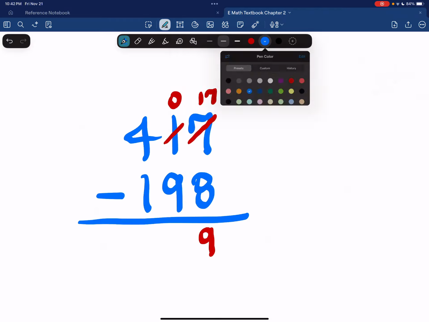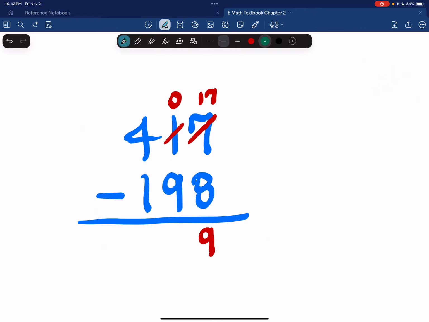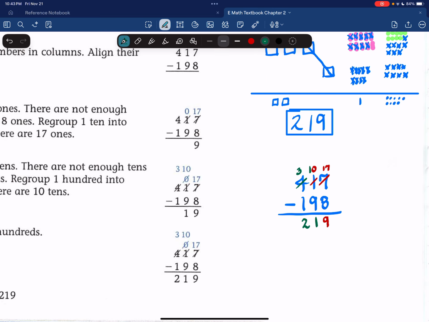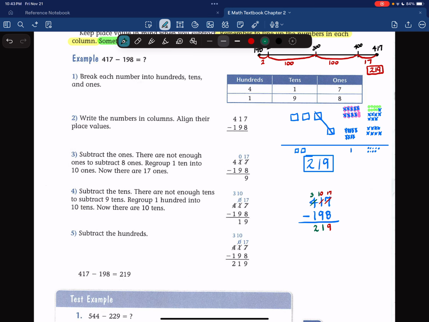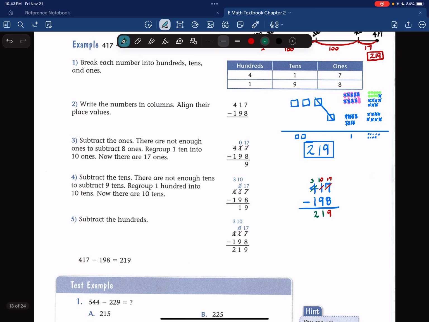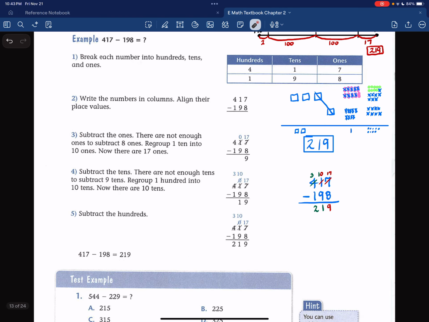I cannot take 9 from nothing, so I'll borrow one of these and give it to these, and 9 from 10 is 1, and then 3 minus 1 is 2. So using that method, we also get 219. And that's what they got. So I'm confident that we have the right answer.